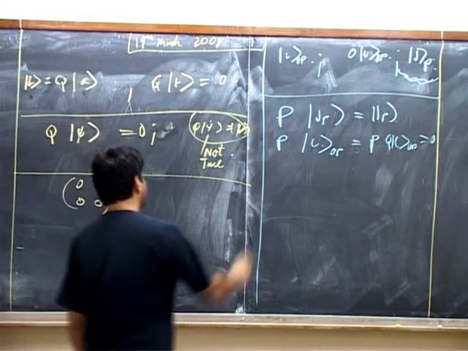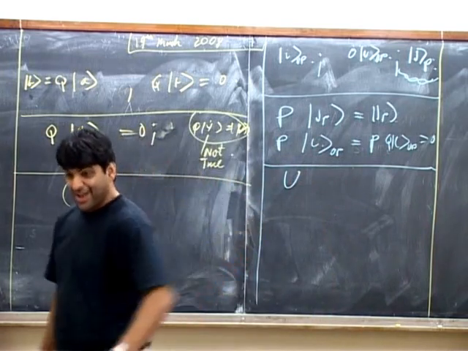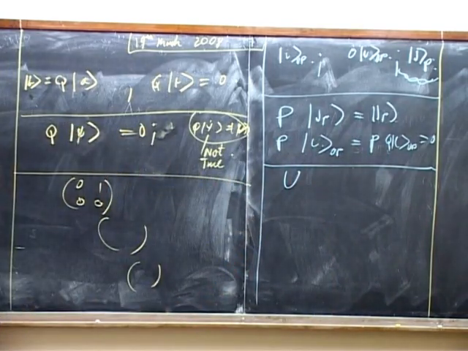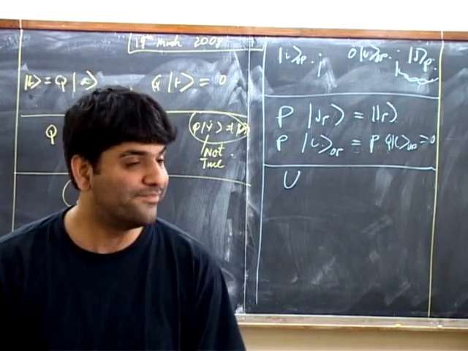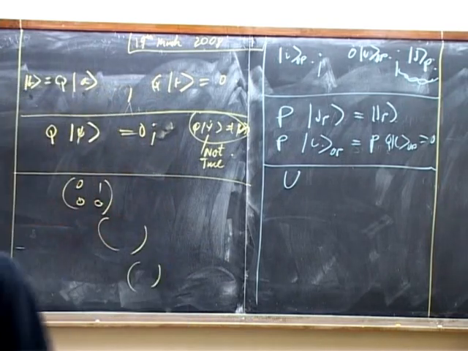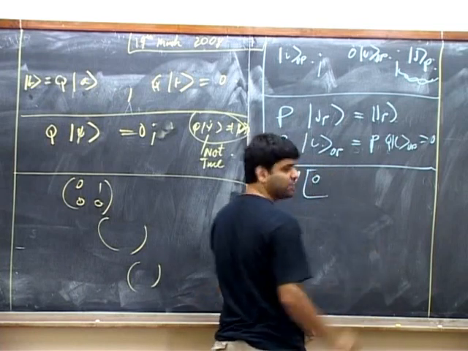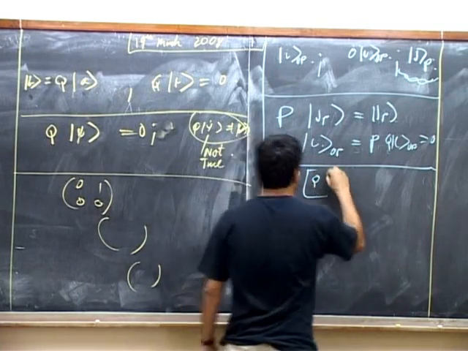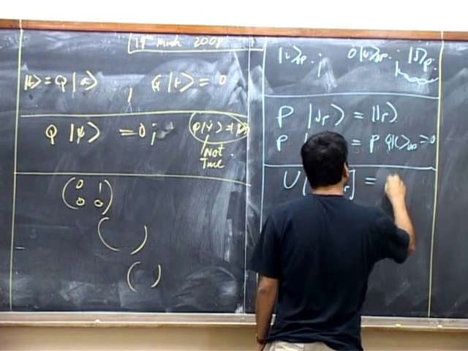Okay? And the next thing I do is to define an operator U, which does the following. It inverts the action of Q, but only on Q exact states. That is, I define this operator such that U on Q times I unphysical is equal to I unphysical.